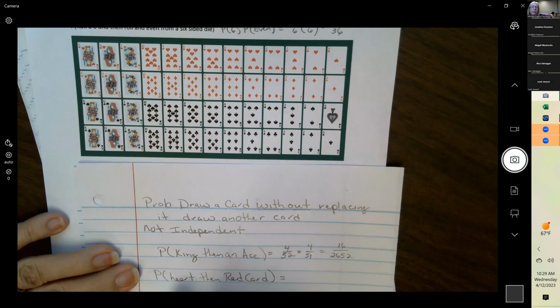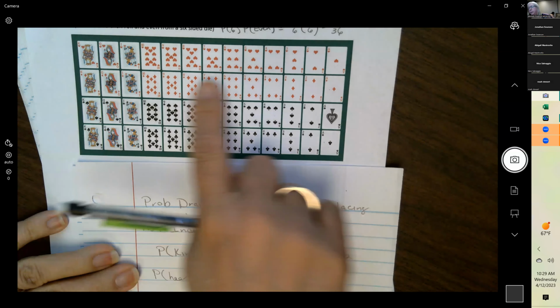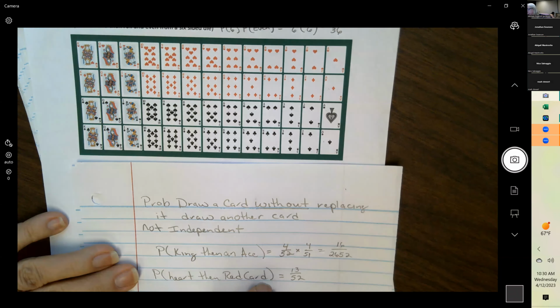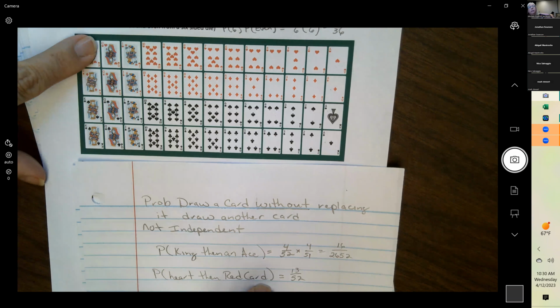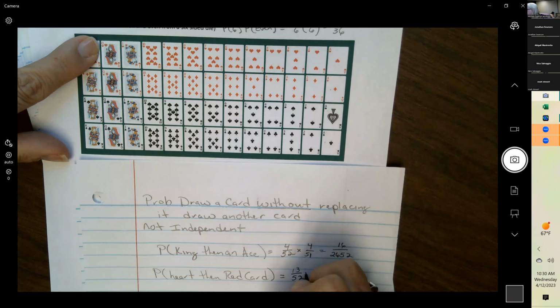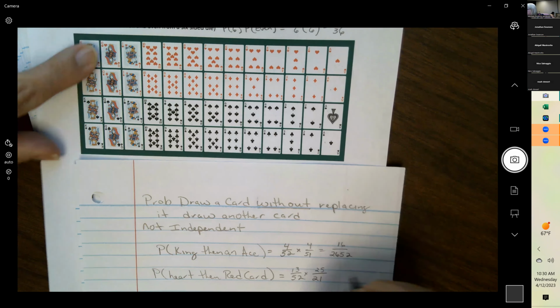So the probability of the heart, there's 13 out of 52. Now I don't know which heart is missing, but one of them is, and I didn't put it back. So when I go to pull the next one and I want a red card, instead of 26, I only have 25. And there's only 51 cards.